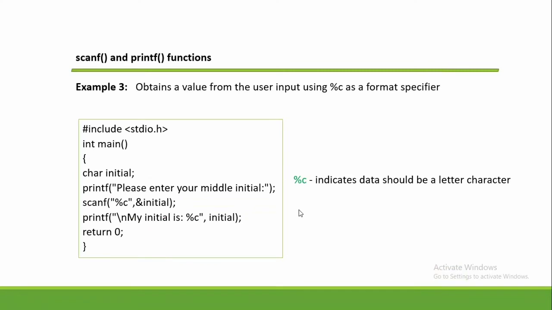In this example number 3, it obtains a value from the user input using %c as a format specifier, and this %c indicates data should be a letter character. So as you notice here, we have %c in the scanf function and then %c in the printf function. And let's take this example and run this in the libc IDE.